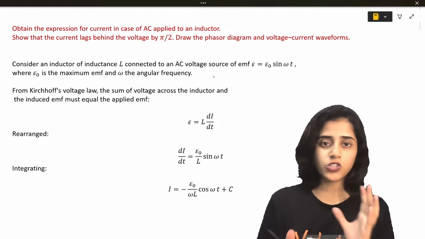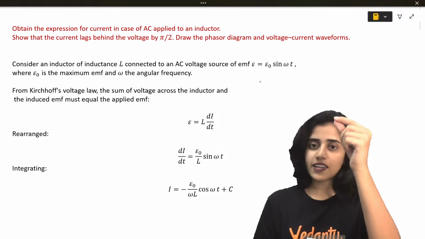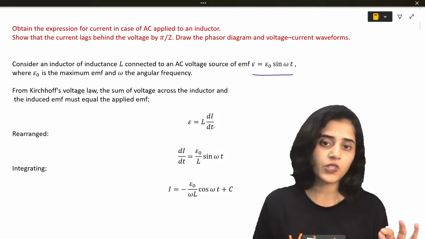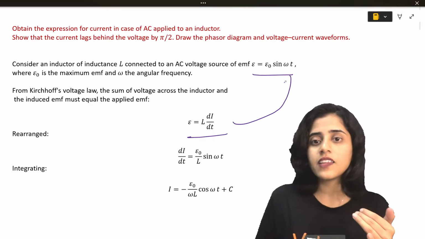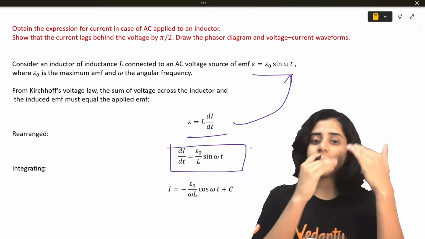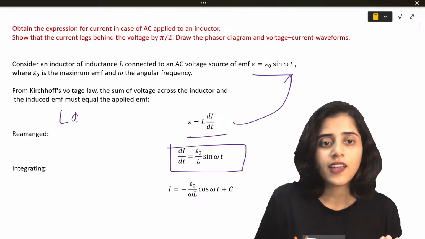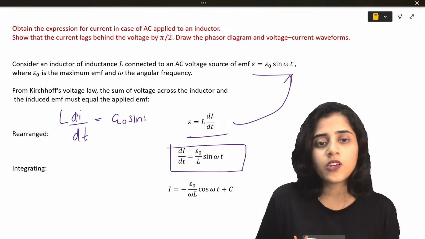Right now what you can do is learn that the EMF, the battery that you have connected, is given by E naught sine omega t. And EMF should also be equal to L di by dt. Then you say these two are equal, so L di by dt is equal to E naught sine omega t.